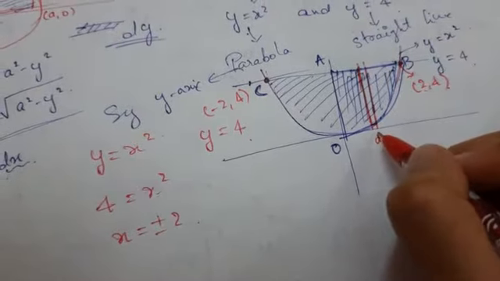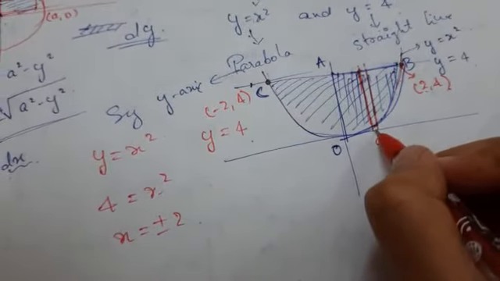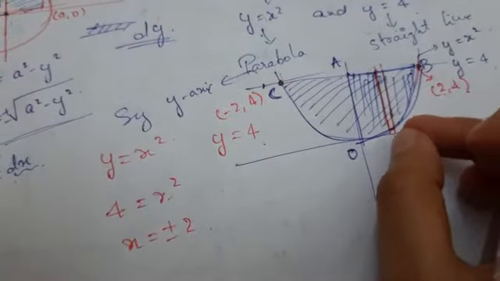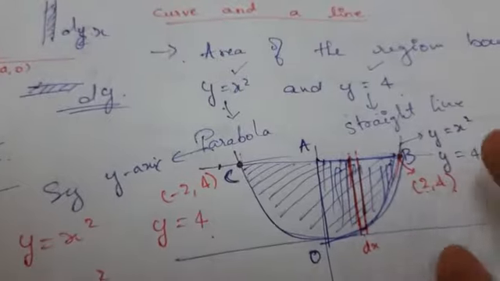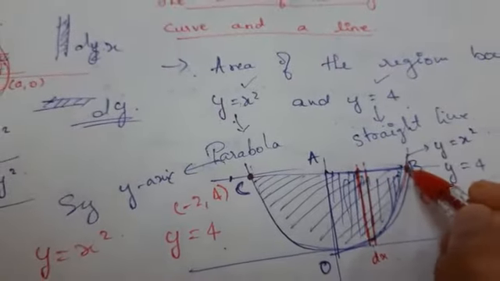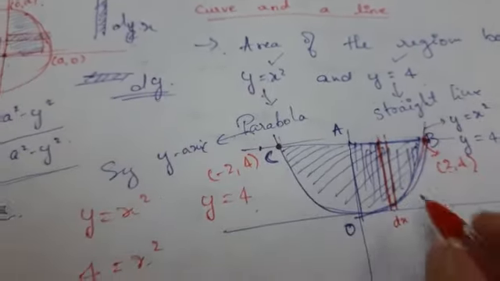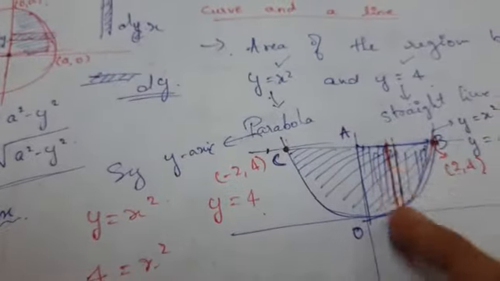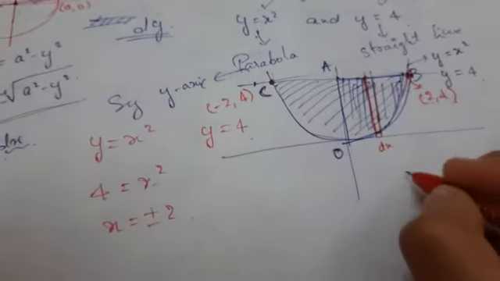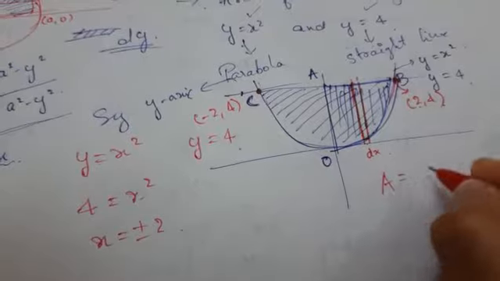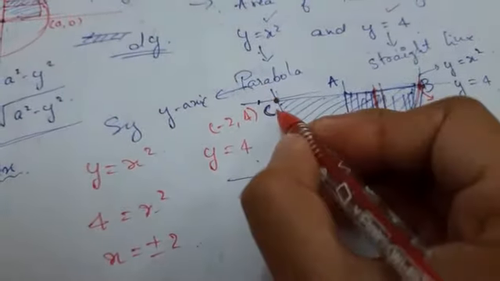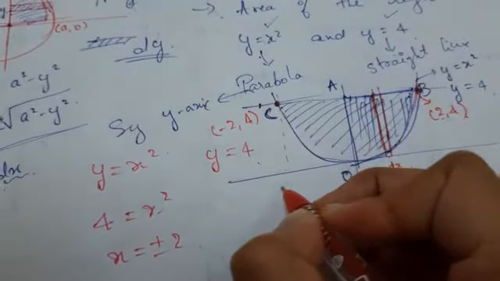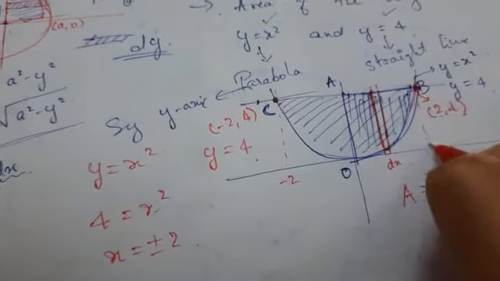Suppose this is dx; at what point is this strip? Sorry, not at x is equal to 2. The point 2 is lying here, and this is our dx. Since I drew the vertical strip, how will our integration be? Since we need this complete area, x varies from minus 2 to 2.